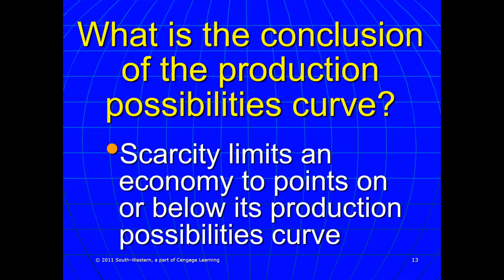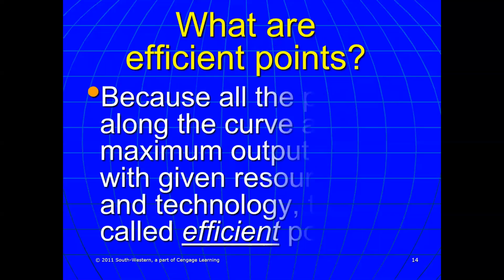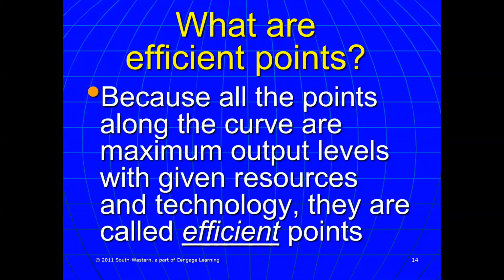This is called a production possibilities curve, or sometimes a frontier. It limits an economy to points below the curve or on the curve. I'll create a different video in a minute where we look at this actual graph, and we'll have a graph on the next few slides.